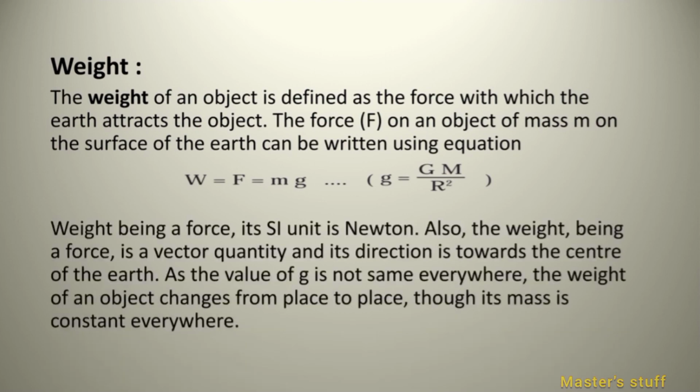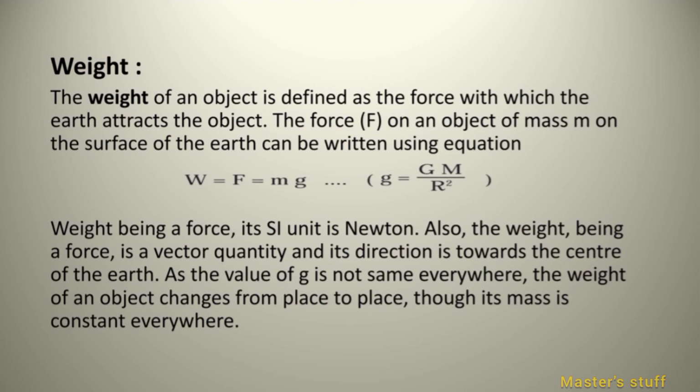The weight, being a force, is a vector quantity as it depends on the direction. Its SI unit is Newton. The value of mass remains the same throughout the universe. Even when we go to another planet, the value of mass will be the same.